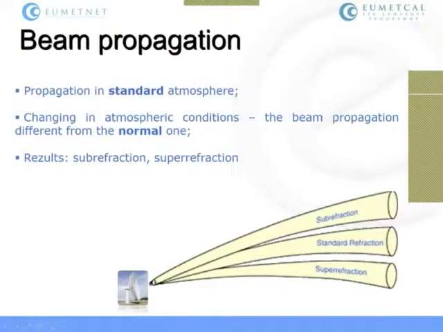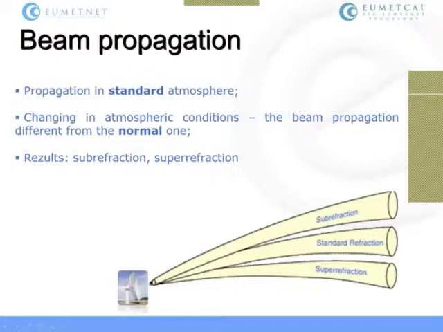This radar beam propagates into the atmosphere like how it is illustrated here. You can see the trajectory. This would be in the case of standard refraction, in the standard atmosphere. But if the atmospheric conditions are changing, the beam propagation differs from the normal one.